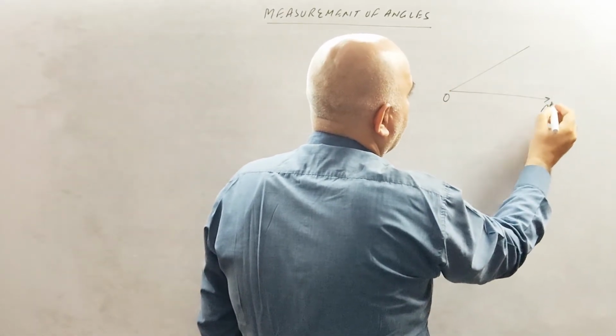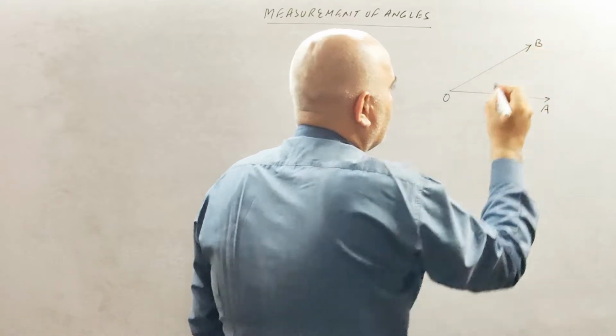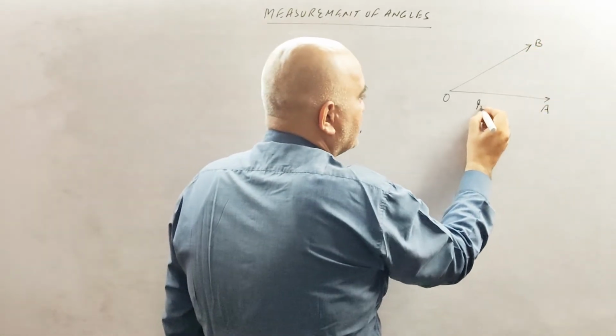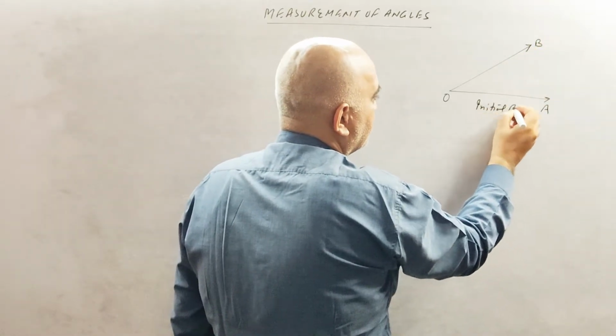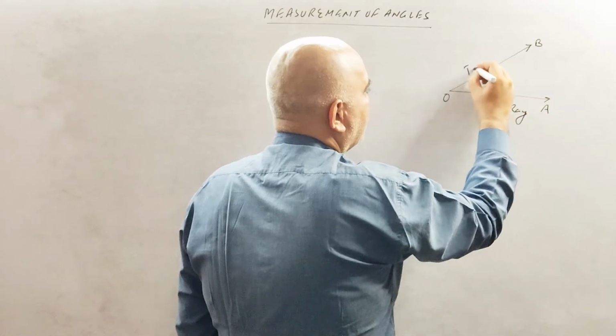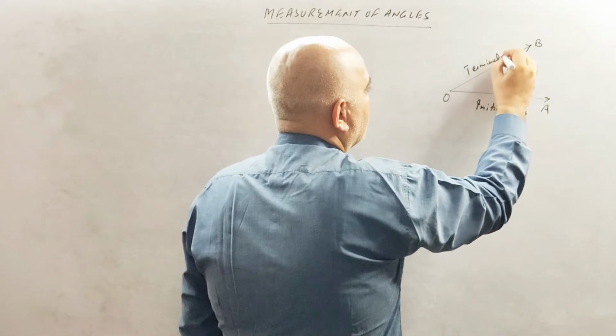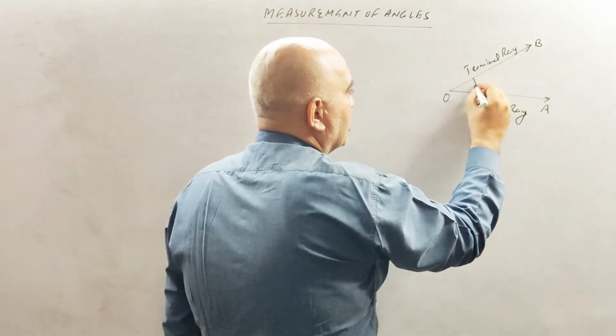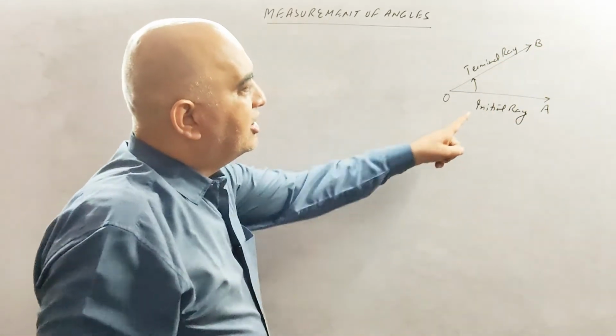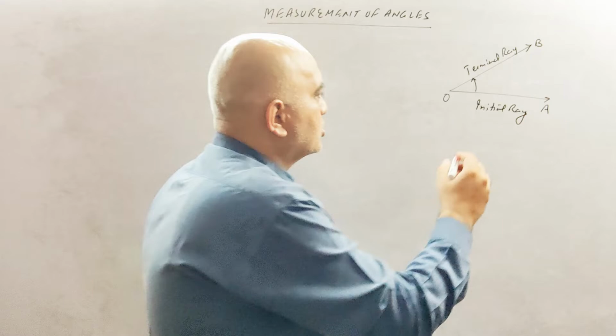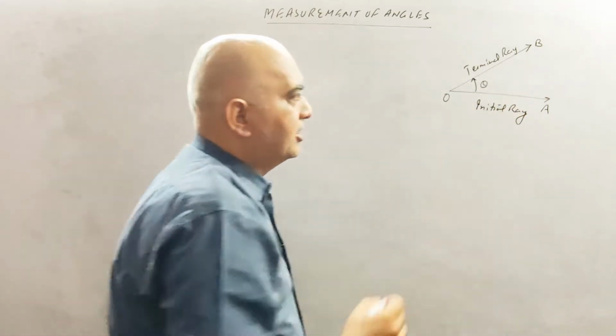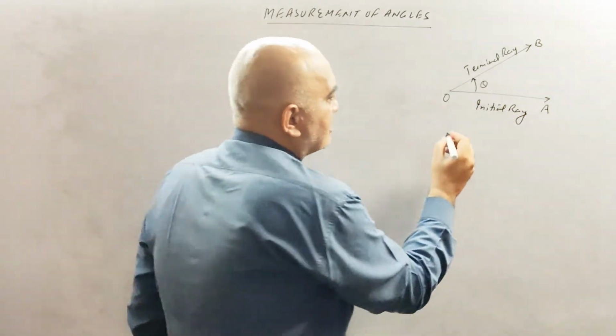This is the ray OA and this is the ray OB. This is called the initial ray, and this is the terminal ray. The rotation between the initial ray and terminal ray is theta, and theta is called the angle.